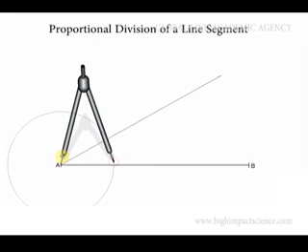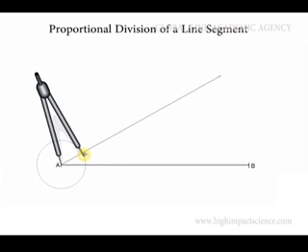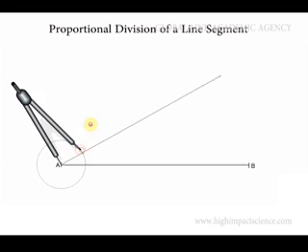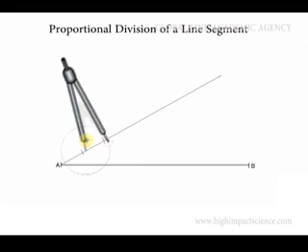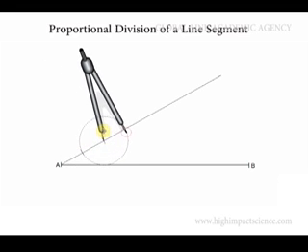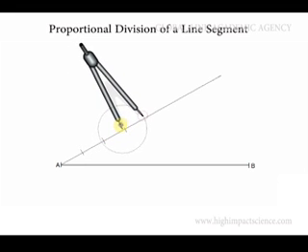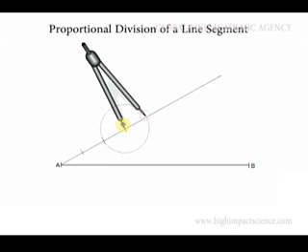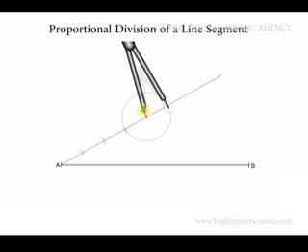Now take a compass and set it to any radius, say 2 centimeters, and make 5 arcs on the new line. Four, and 5.